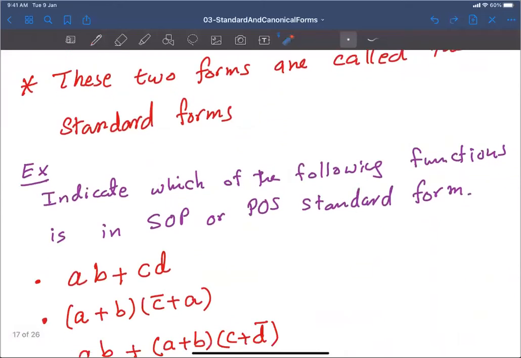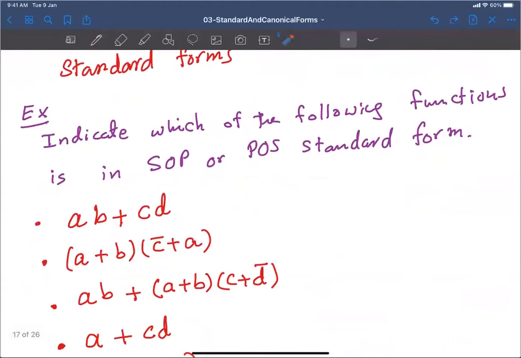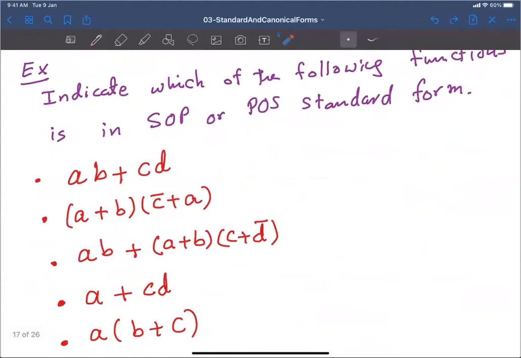We would like now to indicate from these Boolean expressions which one of them is SOP, which one is POS, and which one is not in standard form. So the first one, who can tell us whether it's a sum of products or a product of sums? Sum of products. Why? Because we have two products, and they are summed here.